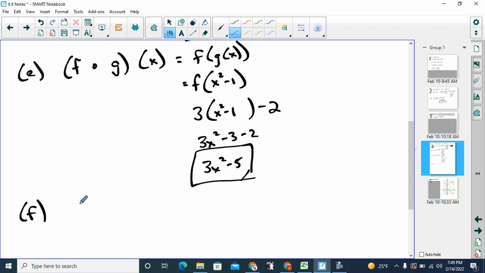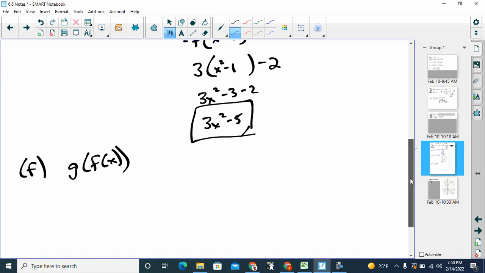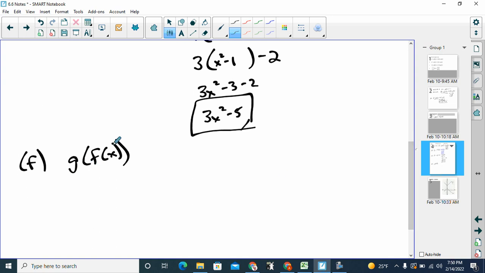Part F, let's do g of f of x. If they had given it to me in this form, I would rewrite it. I gave it to you already in the rewritten form, g of f of x. Sometimes it's written like that, sometimes it's written like this. Start by replacing f of x with what f of x is equal to.